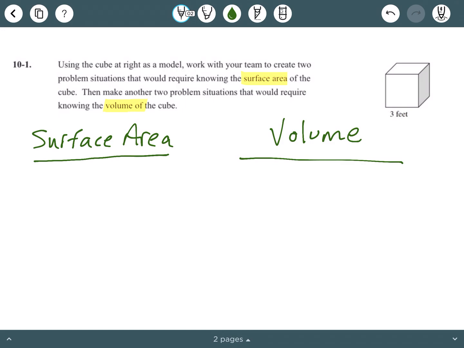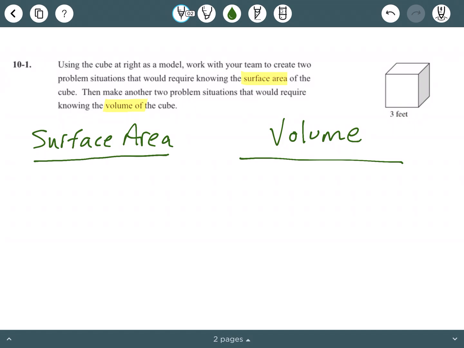So let's start with surface area. Let's pretend that we have this cube here, and let's say that this cube happens to be a box, a perfectly cube-shaped box. And we could say that there's maybe some sort of birthday gift in the box. So one reason we might want to know about the surface area is so we can know how much wrapping paper we would need to use on it, right?